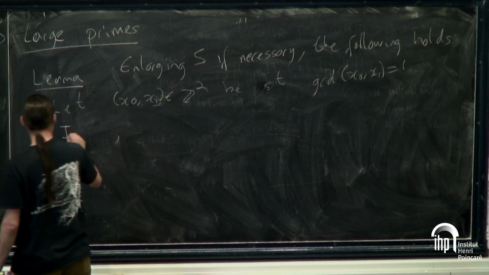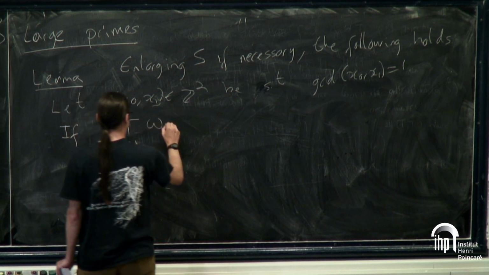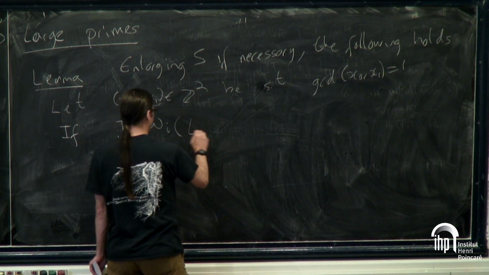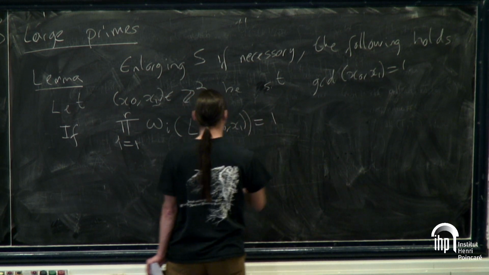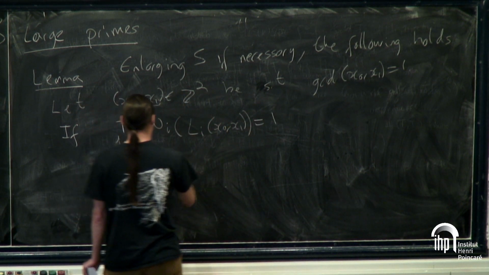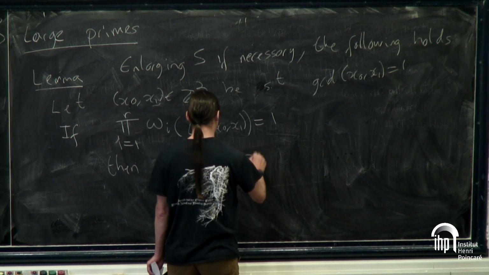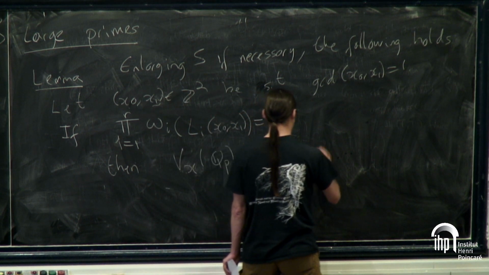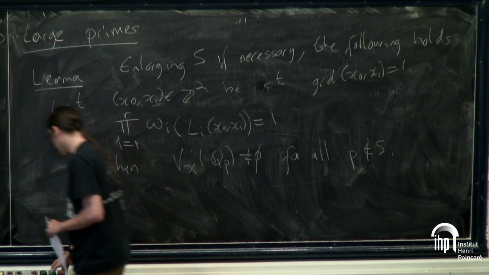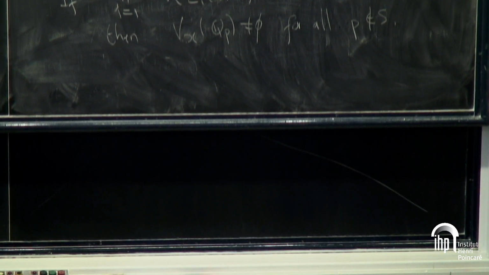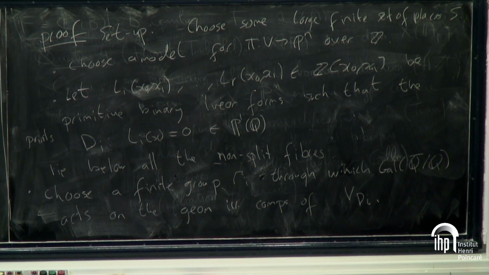Then if the product from i equals 1 to R of my indicator functions omega i, evaluated at the ith linear form, is equal to 1, then the fiber over my point x has a periodic point, and this is for all p not in S. So these explicit multiplicative functions allow you to detect local solubility at the large primes.